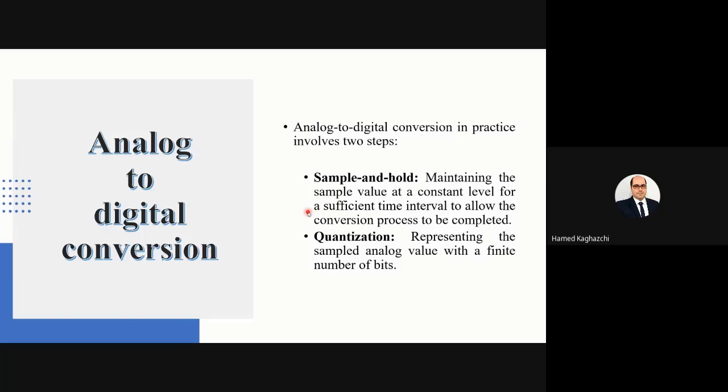Now, to convert analog to digital, this process contains two steps. The first step is sample and hold. Here, we maintain the sample value at a constant level.